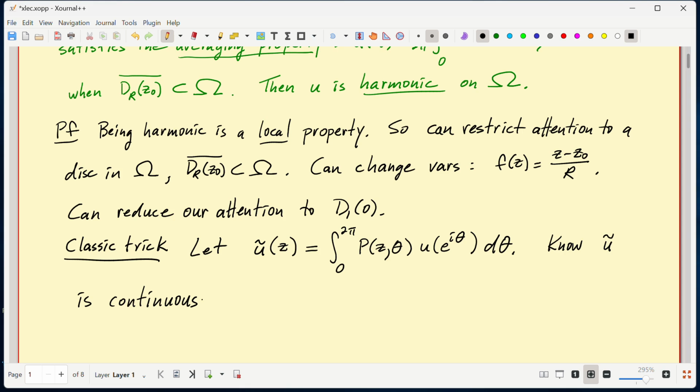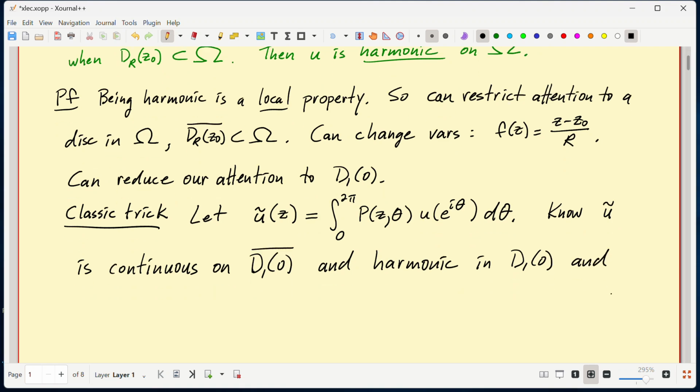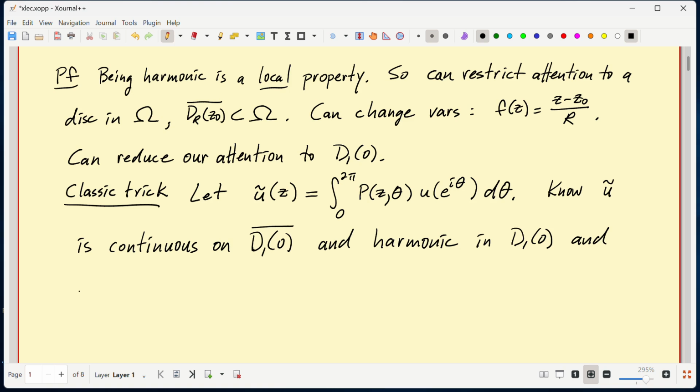It extends at least to be continuous on the closure, and harmonic on the inside, and it has the same boundary values as u on the unit circle.